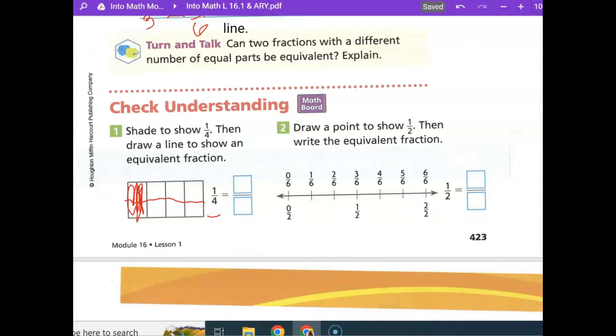So how many eighths do we have? 2 eighths are shaded. Number 2 says draw a point to show 1/2. Then write the equivalent fraction. Well, they already wrote 1/2, and remember that is equal to 3/6.